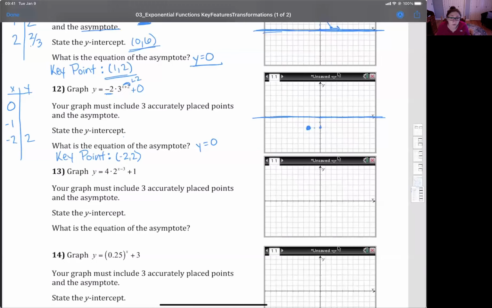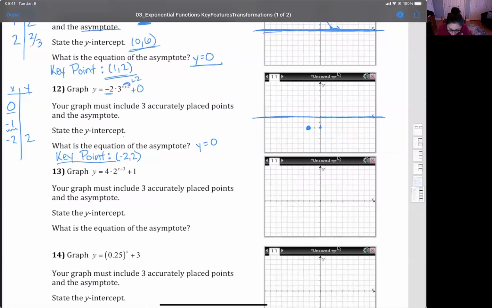If you wanted to go forward to +1 and find a point over on the right-hand side, that's fine too. Pick what you want. You have to give me that key point, and I'm asking you to give me the y-intercept. So this one could be whatever you want, okay? But if it's way off the graph, that's not gonna help you. So that's why I pick something in between these.